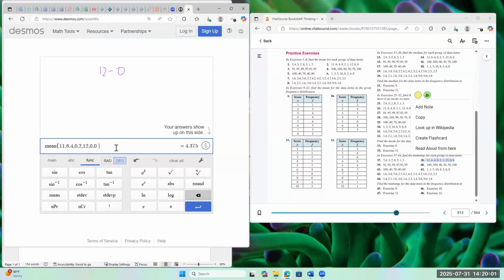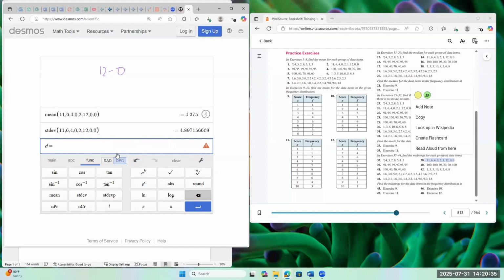Then I can also calculate the standard deviation. Standard deviation is 4.8971, or usually we keep one decimal place, so 4.9.